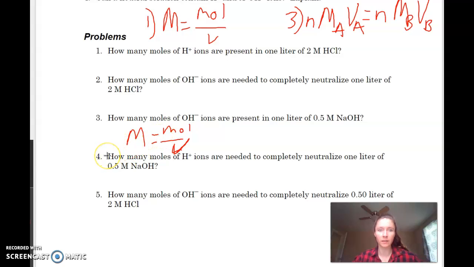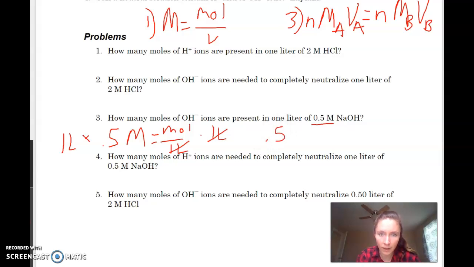So we're just going to plug in the information that we know. It tells us we have a 0.5 molar solution, so I'm going to write 0.5 over there, and it's in 1 liter. So in place of the volume, I am going to put 1 liter. We're solving for moles, and to get that variable by itself, I'm going to multiply 1 liter onto each side. 1 liter times 0.5 molar is the same thing as saying 0.5.